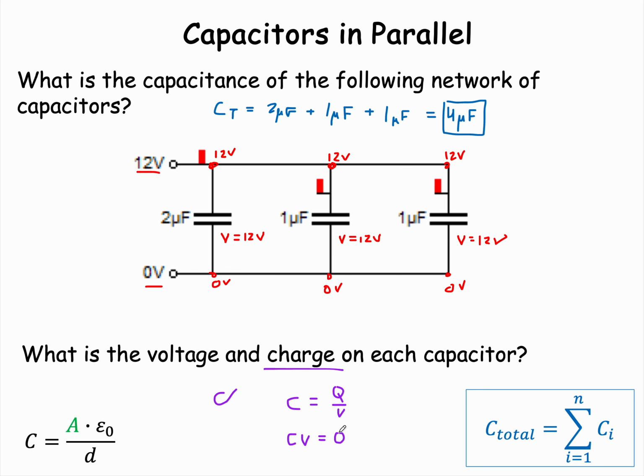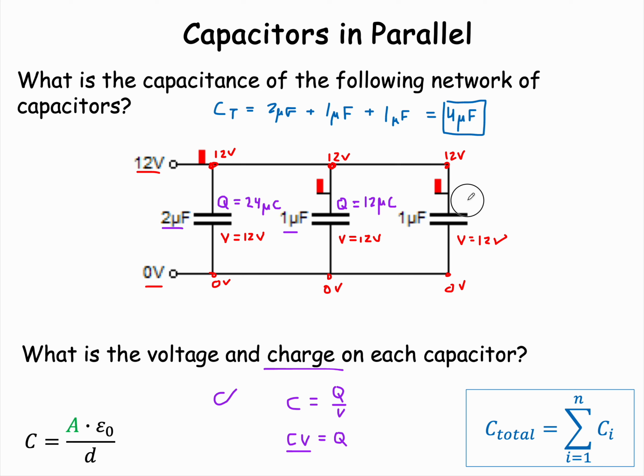Since we know the capacitance on each one of these, in this case 2 microfarads, we can very quickly figure out the charge. 2 times 12 is going to be 24, and I'm going to leave it in the unusual unit of micro. In this case, the charge is going to be in coulombs. For this one, again, I'm going to do C times V. Capacitance is 1 microfarad times 12 is going to give me 12 microcoulombs on this one.